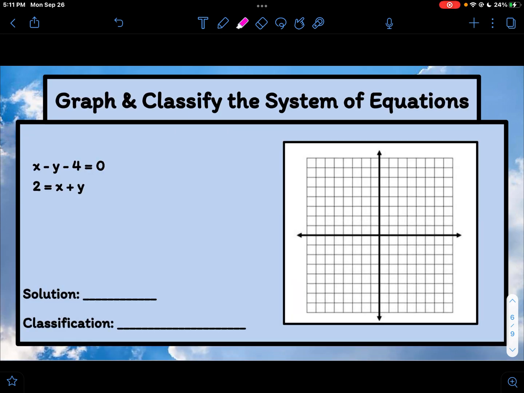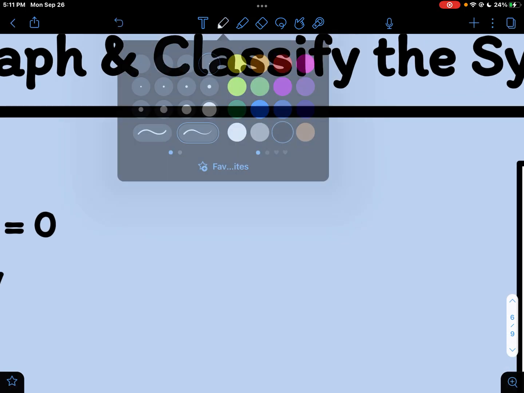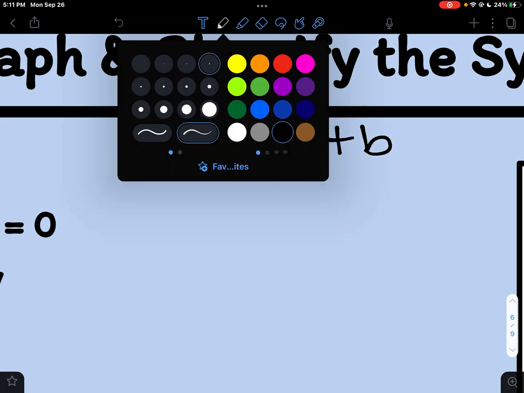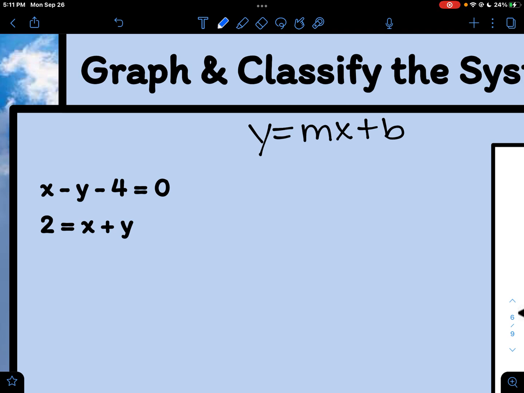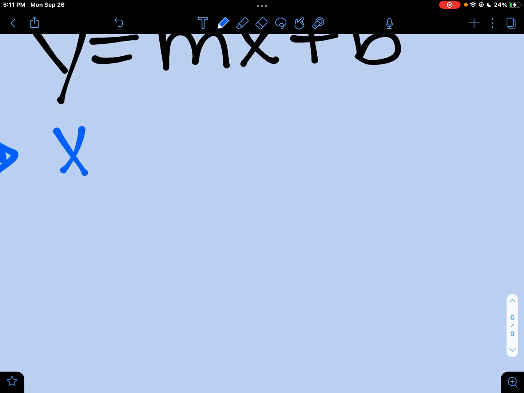All right, now it's time to do some algebra. So the first thing we want to do is put these in y equals mx plus b. It's a good idea to write, I call it keeping your eye on the prize. So write what your equation's supposed to look like so you can see when to stop. So x minus y minus 4, I need to move that over here so I have some room to work.